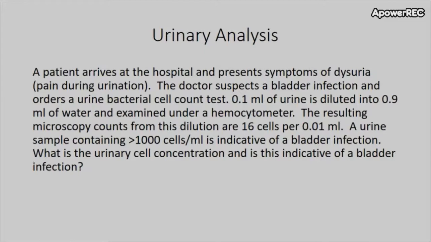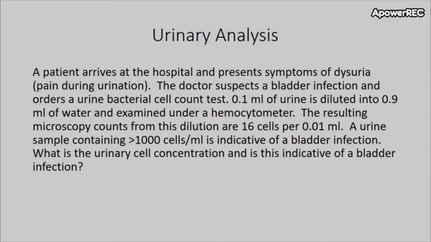And so what this does is it counts the number of bacteria found in the urine. This will require a dilution, because urine, contrary to myths, is not sterile. It picks up bacteria on its way out. And so a certain amount of bacteria, if there's a high enough load of microbes, is indicative of a bladder infection.